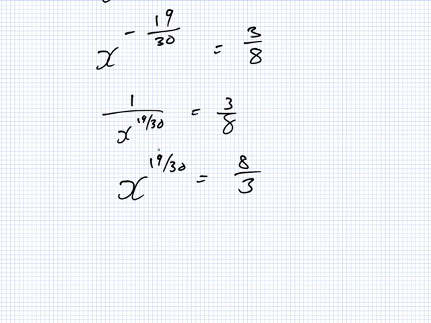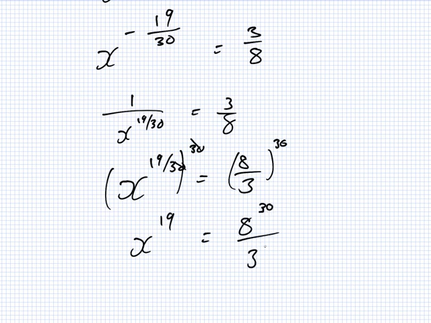So what could I do now? No logs yet. Yeah, I could do power 30. So now I have x^19 equals 8^30 over 3^30.